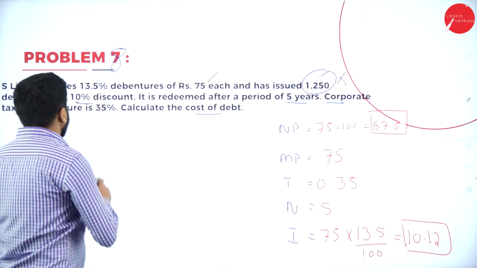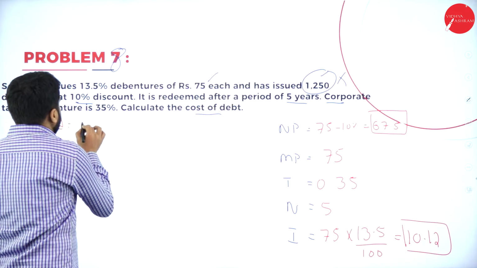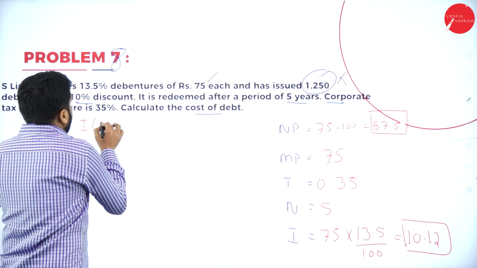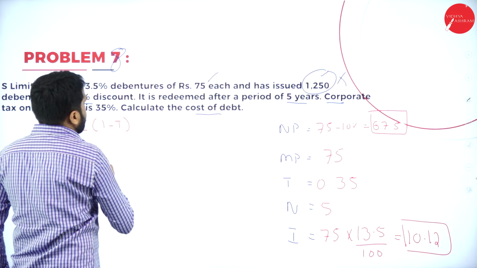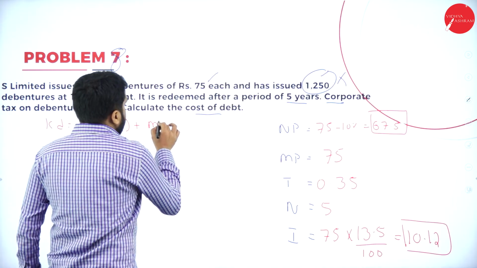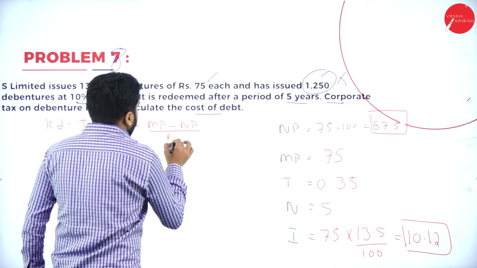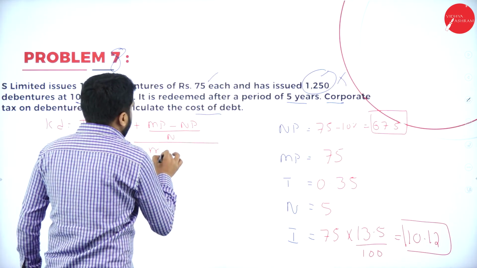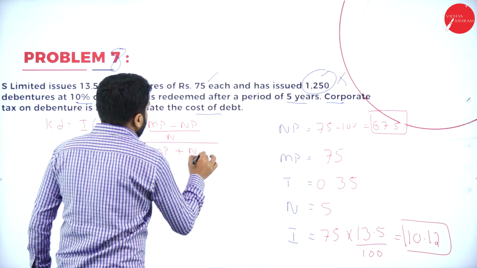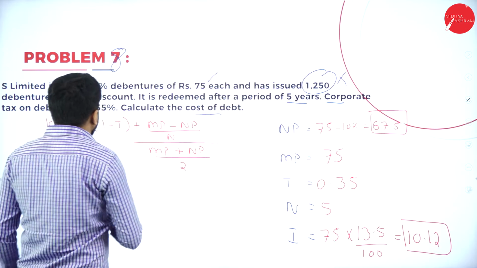What is the formula? The formula is very simple. Cost of debenture is equal to I into (1 minus tax), plus (MP minus NP) divided by number of years, whole divided by (MP plus NP) divided by 2. This is your formula. Now we'll simplify.